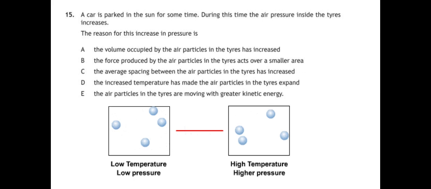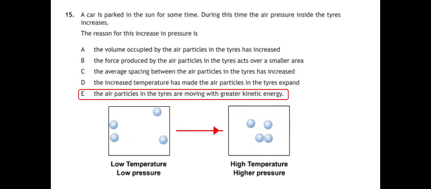They will gain kinetic energy, and therefore they will hit the inside of the tyre harder and more often, and that will cause a greater force on the inside of the tyre, which will cause a greater pressure. So the answer to this question is E. The air particles in the tyre are moving with greater kinetic energy.